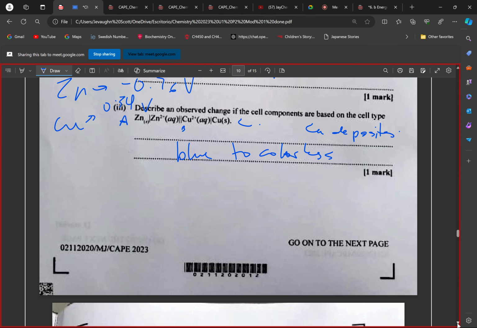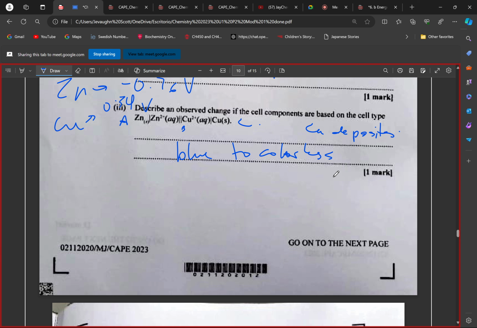Sir, what color is the copper deposit? Copper color, I guess, that reddish copper. Oh no, red would be copper oxide. So basically you will have red copper deposits on the cathode, and the solution would turn from blue to colorless at the same time.